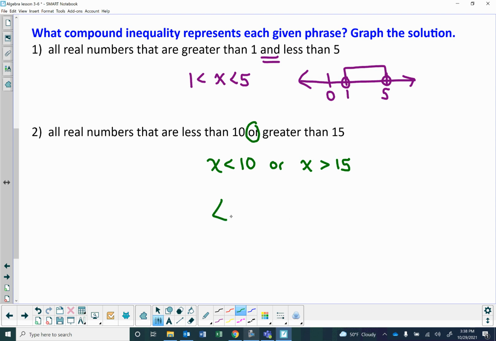So to graph this, this is 0, let's go 5, 10, 15, 20. Less than 10 is an open circle at 10 with a line that goes to the left. Greater than 15 is an open circle at 15 with a line that goes to the right. So there we have the inequality of x is less than 10 or x is greater than 15.